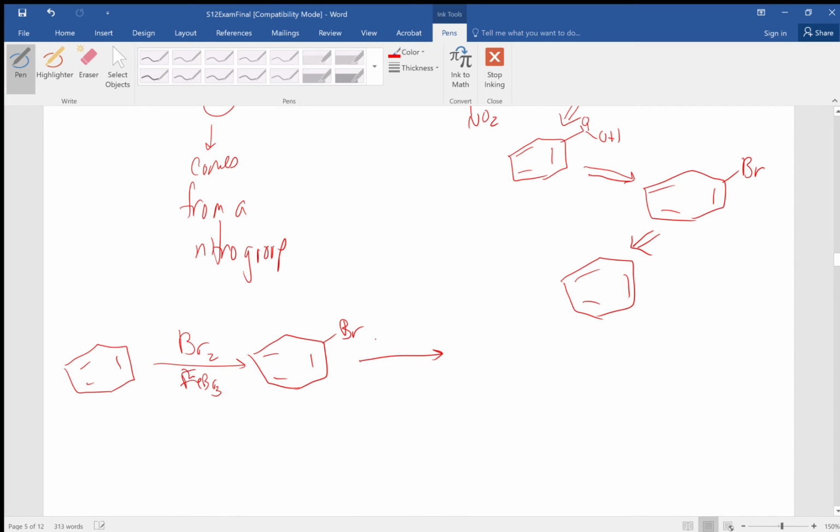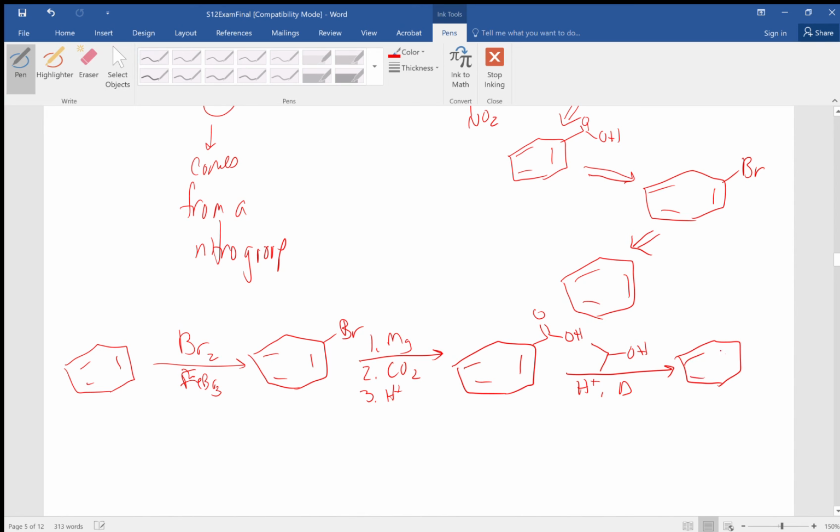I can then convert bromobenzene using a Grignard reagent, followed by dry ice, to make the carboxylic acid. The carboxylic acid can undergo a Fischer esterification using isopropyl alcohol to give us our desired ester.